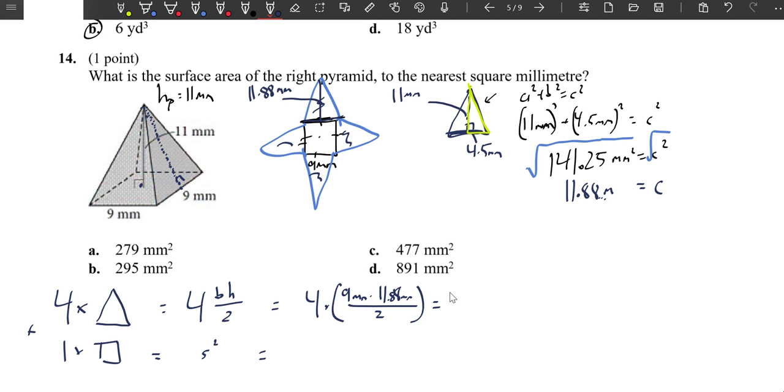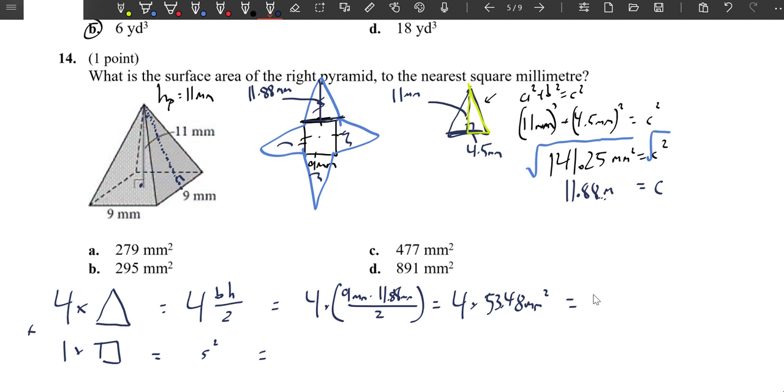I'm just going to do that right now. 11.88 times 9 divided by 2. Each of these triangles has an area of 53.48 square millimeters.